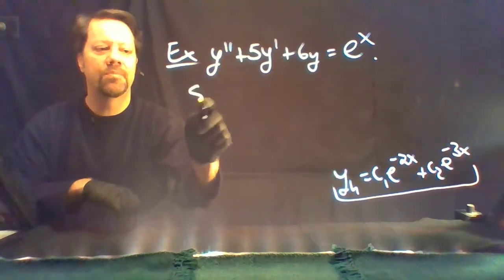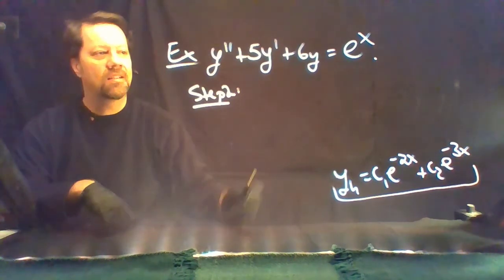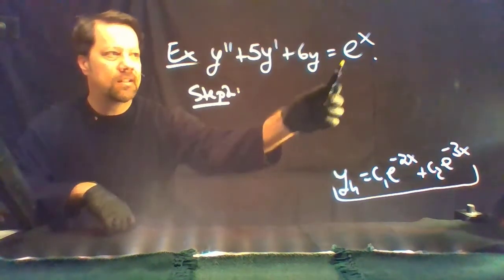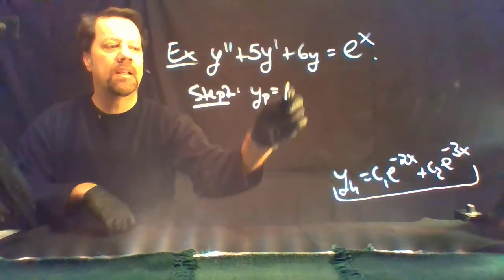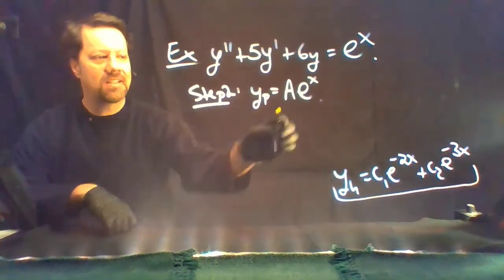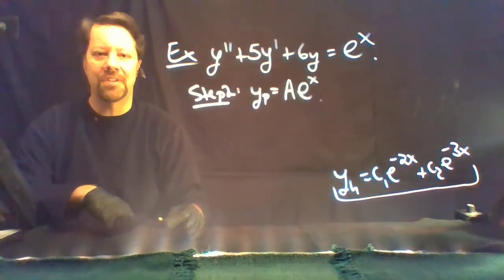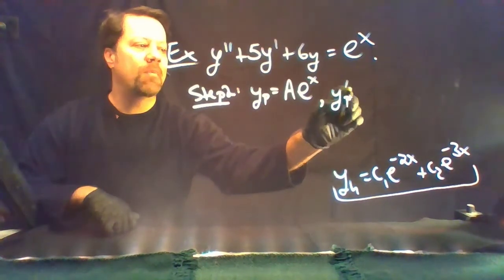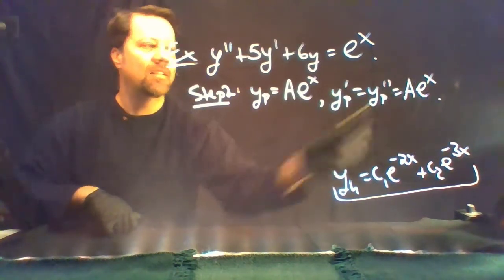In step 2, we make a guess. If y and its derivatives can be combined through some linear combination to yield e to the x, what do you suppose that a particular solution will have the form? a e to the x. It is the constant a that is the undetermined coefficient in this case. Notice that for this particular problem, yp prime and yp double prime are also equal to a e to the x.